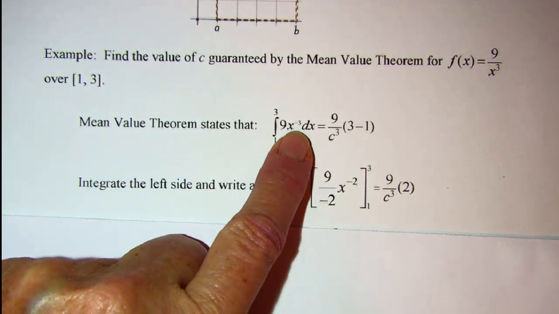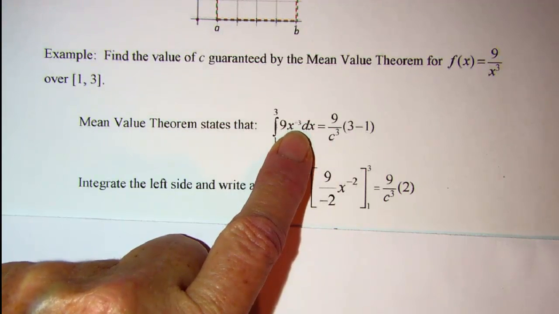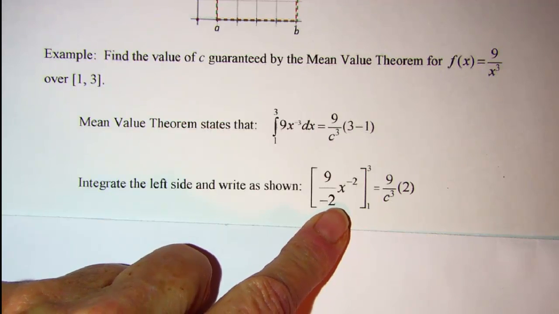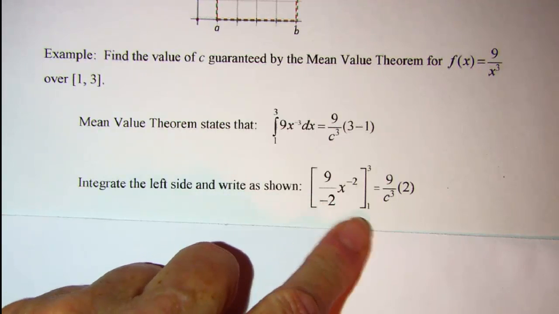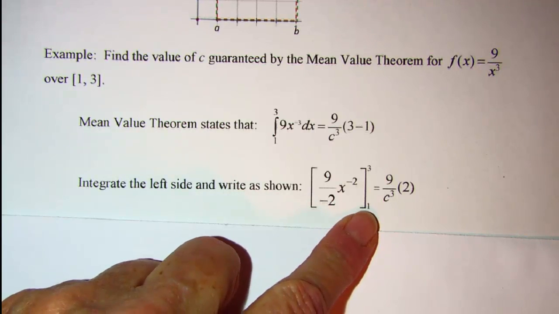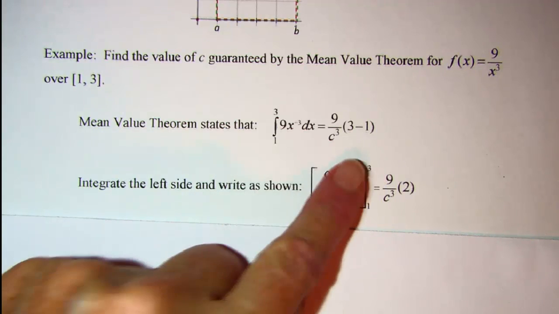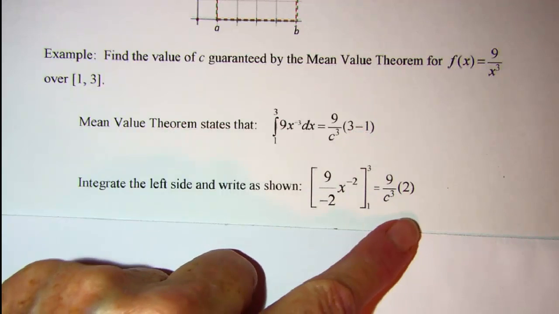So negative 3 plus 1 is negative 2. So now I have 9x to the negative 2 divided by negative 2, and that's going to be evaluated from 1 to 3. Notice I did the math here. 3 minus 1 is 2.